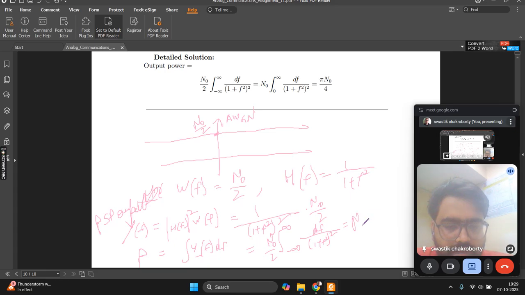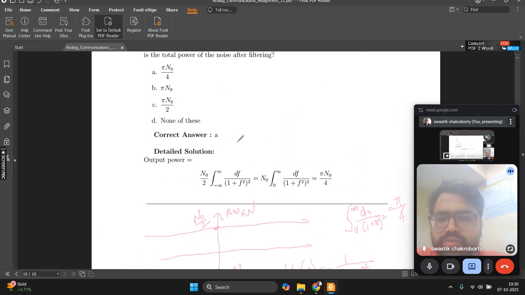So ultimately it is N0 times the integral from 0 to infinity of df over (1 + f²)². Now this comes out to be π/4. This is a known integral: the integral from 0 to infinity of dx/(1 + x²)² is π/4. So it is π/4 times N0.